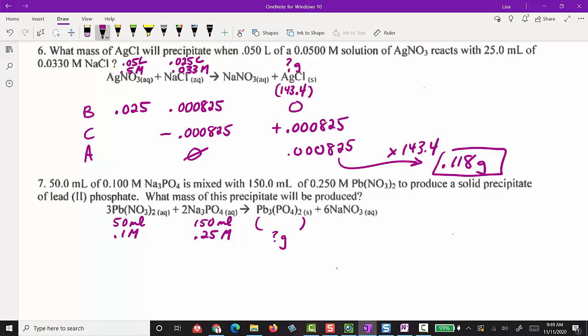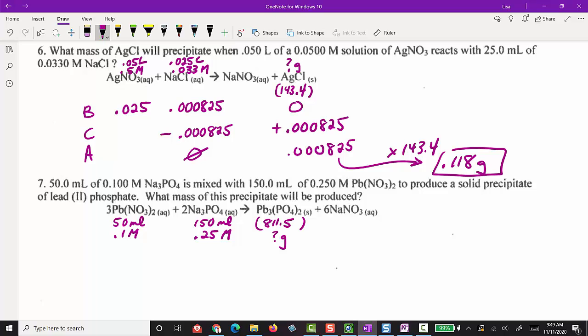Let's see what that molar mass is going to be: 3 leads plus 2 phosphates plus 8 oxygens, so 811.5 is my molar mass of that.